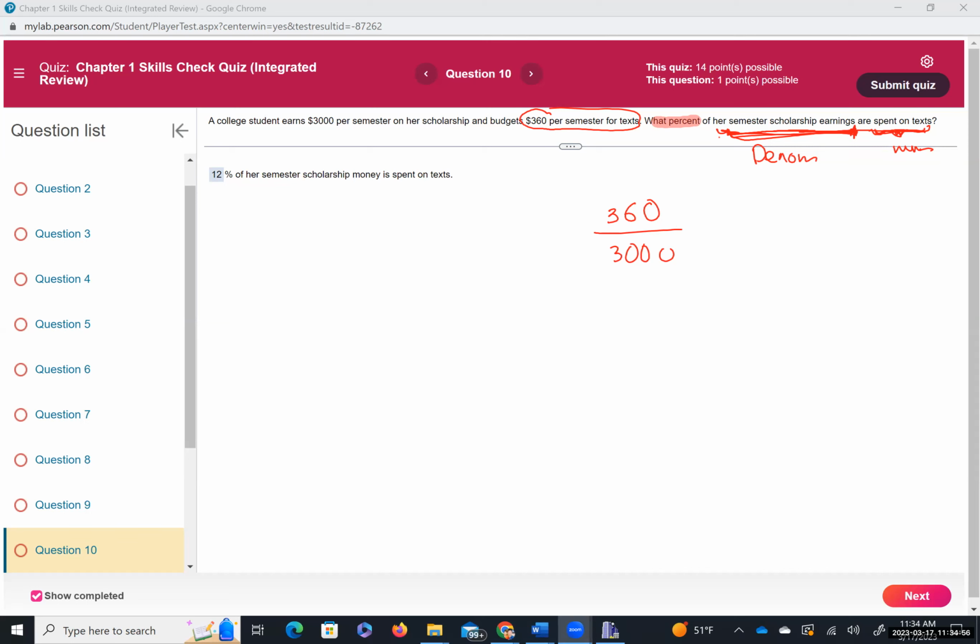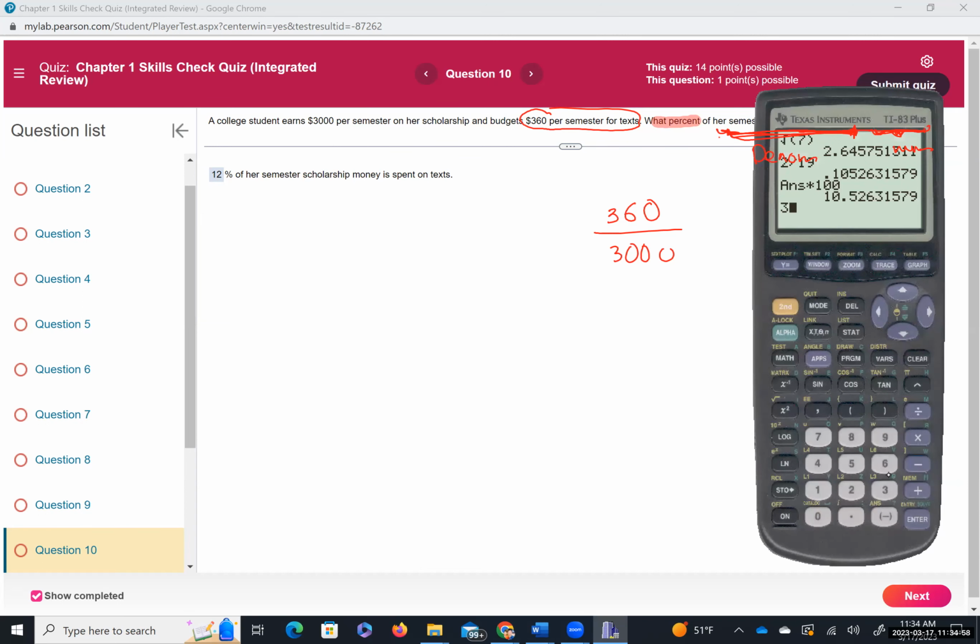So what is that going to be? You have 360 divided by 3,000. You get 0.12.